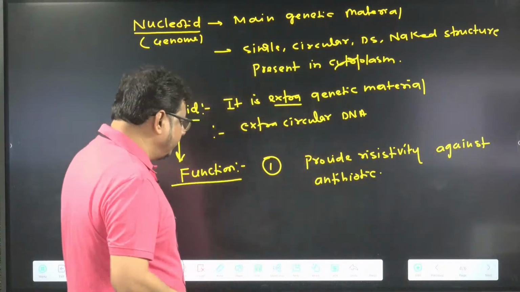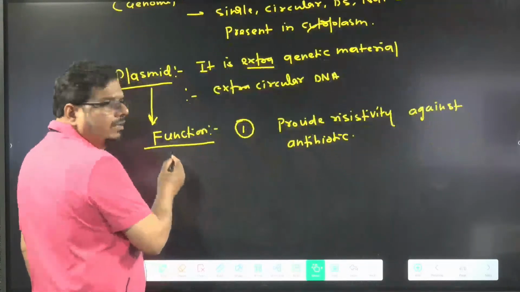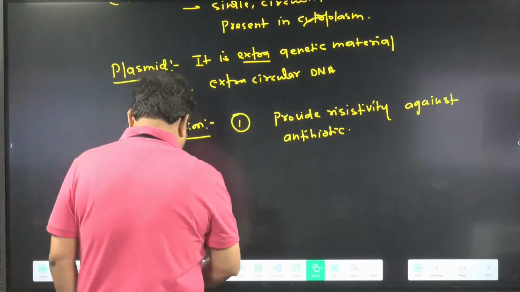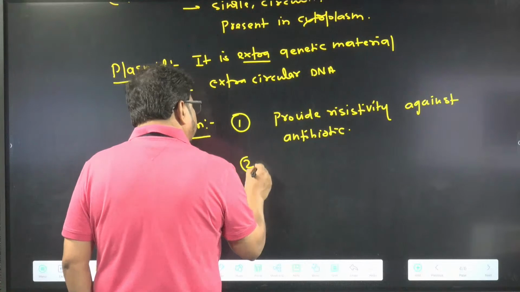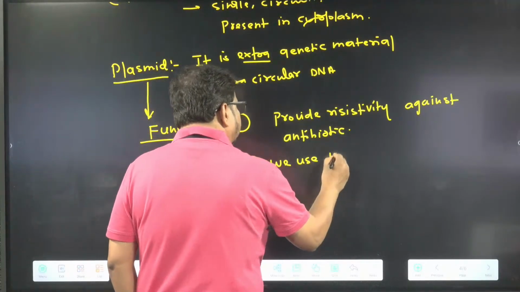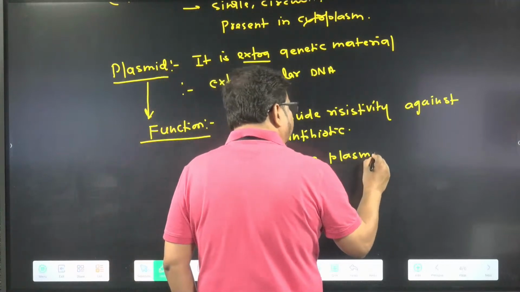Who is providing resistivity against antibiotics? Plasmid. Second thing, we use plasmid as vector.